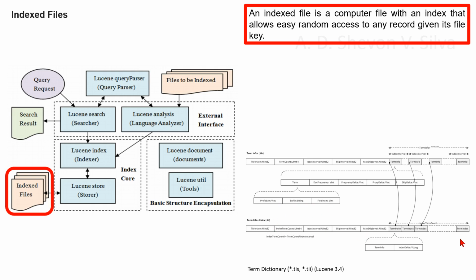The term info index, .tii: TI version uint32, index term count uint64. Index term count equals term count divided by index interval.